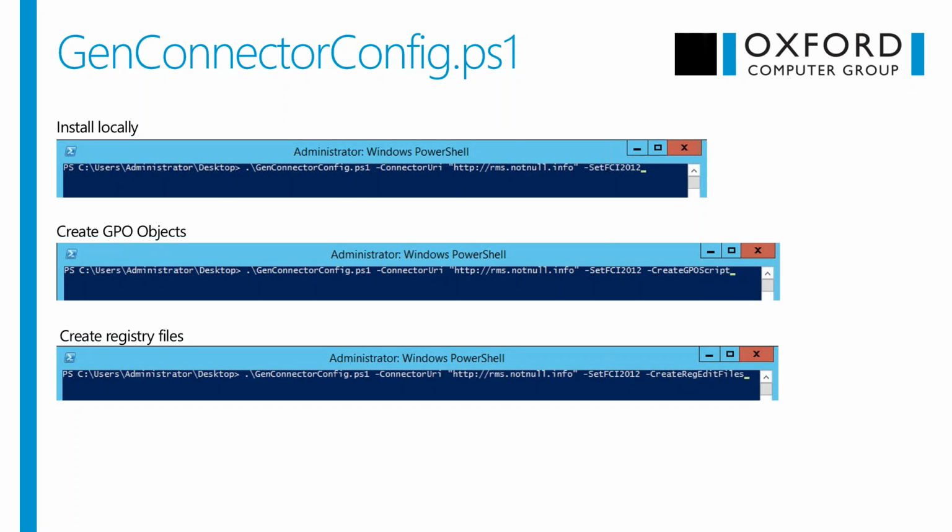The script is fairly well documented, and it runs pretty easily. The benefit of using the script rather than making these registry changes yourself is that when you run it, it's going to test that connector URI, which is connecting back to the RMS connector, and you're validating that it can connect before it lets you proceed and create any of these changes.